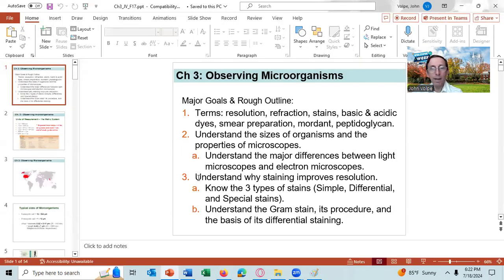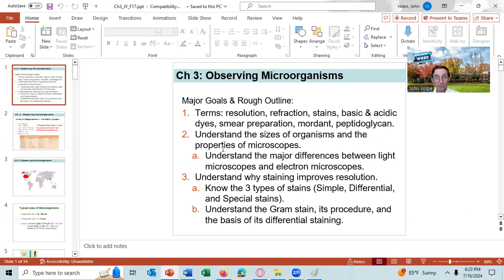All right. Chapter 3 is observing microorganisms. The major goal in the rough outline is shown here. The terms, always know the terms for this chapter. In fact, you should really get to know the objectives, which is more than the major goals. 2, understand the size of organisms and the properties of microscopes.